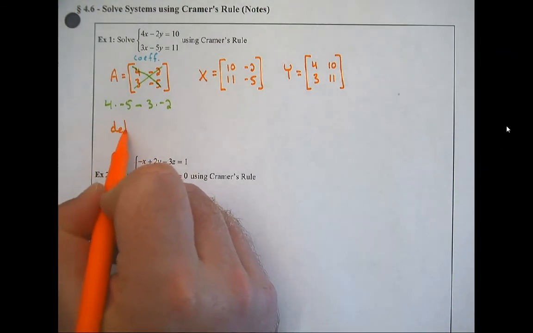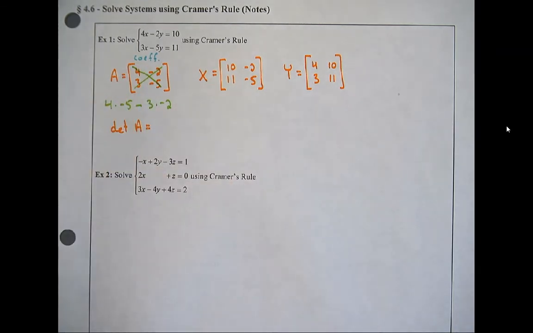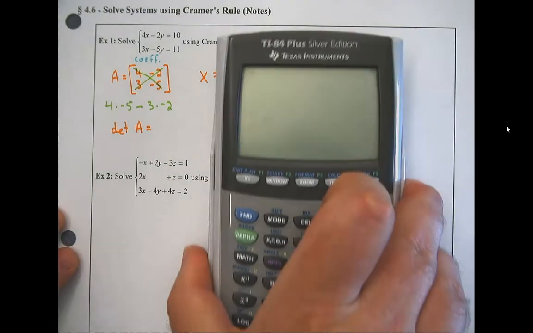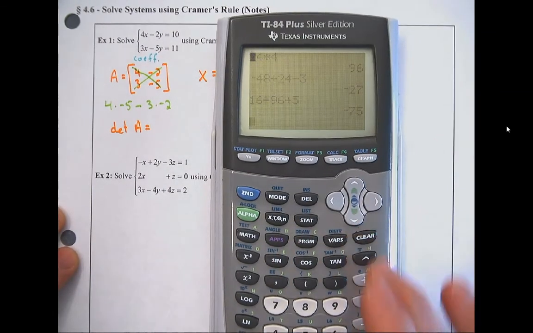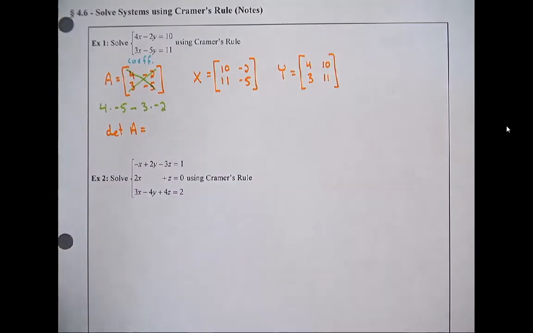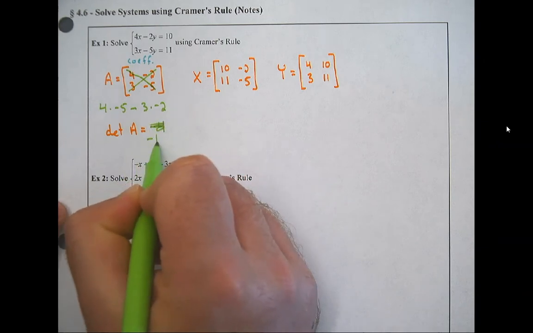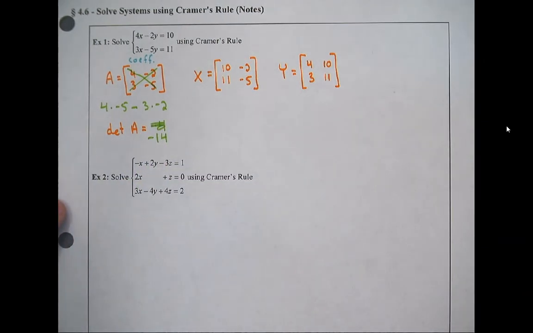And we call this the determinant of A. We'd get -14.